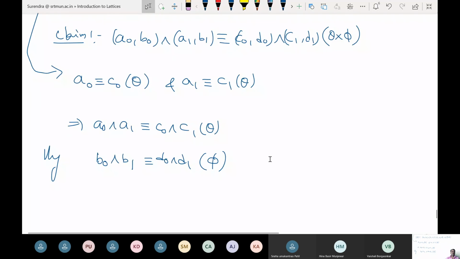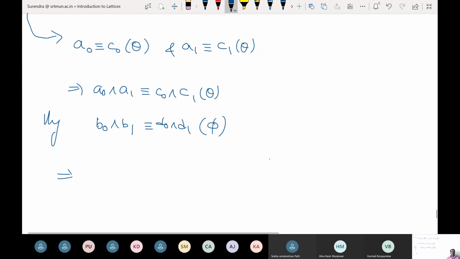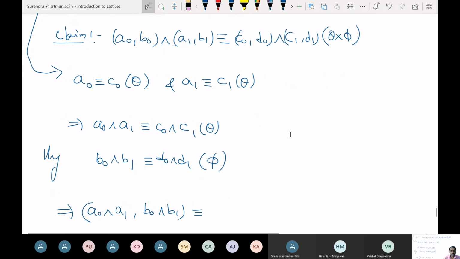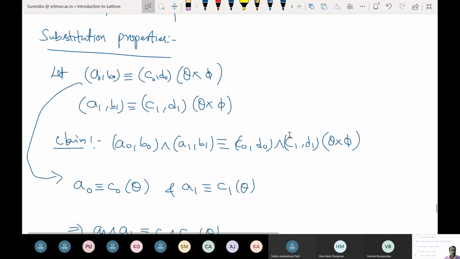So this implies (a0 meet a1, b0 meet b1) is congruent to (c0 meet c1, d0 meet d1). One second, whether anywhere we have written something wrong.